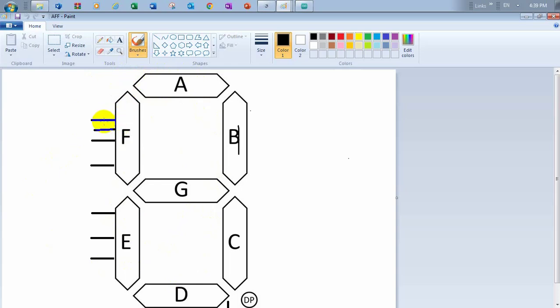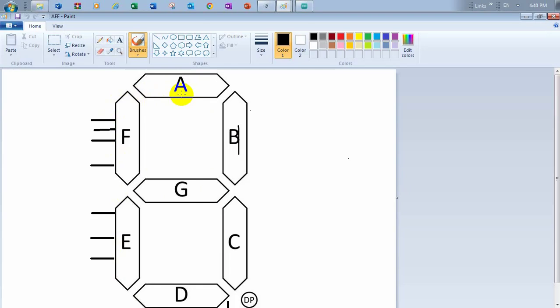So the question is: this leg, which segment's anode is it linked to, segment A or B or C?